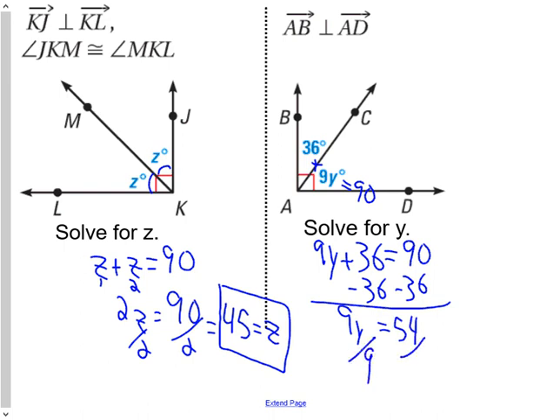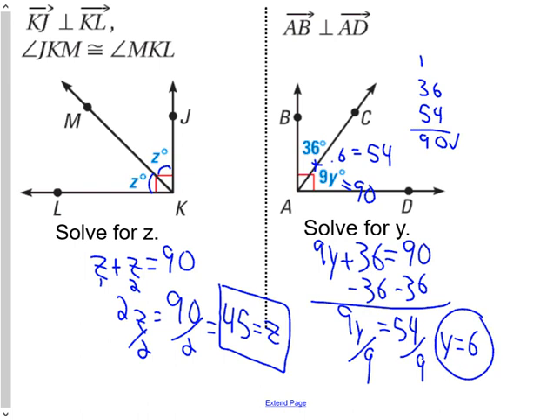Divide by 9 on both sides, and I get y equals 6. You plug it back in, just for the double check. 6 times 9 is 54. Does 54 plus 36 equal 90? Hopefully so. 90, yeah. So there's our double check. And y equals 6.